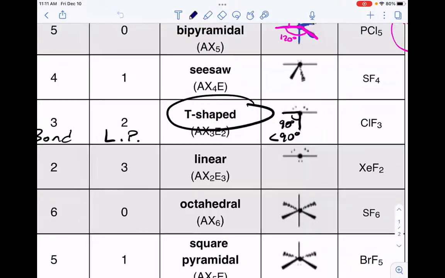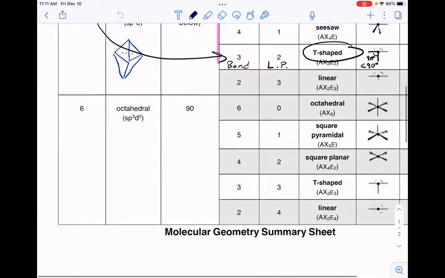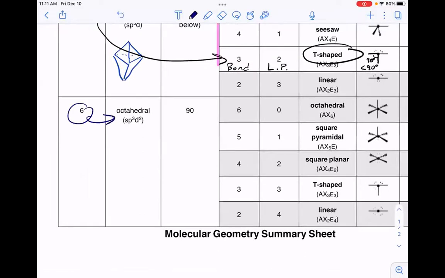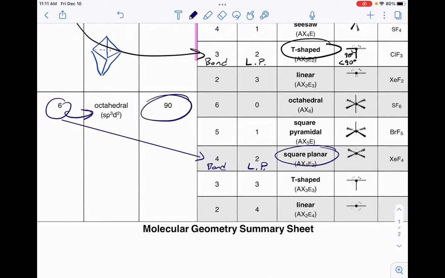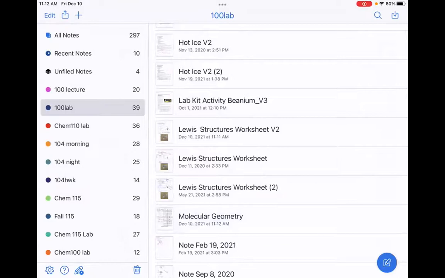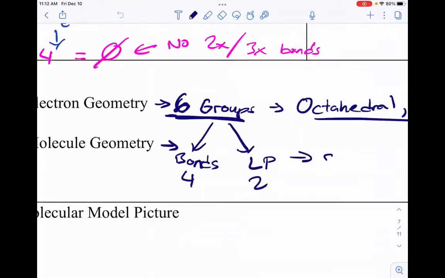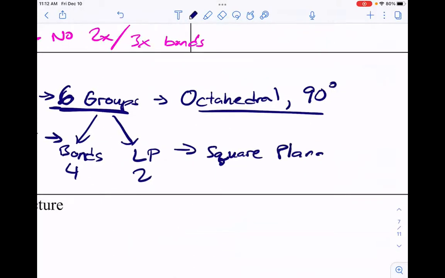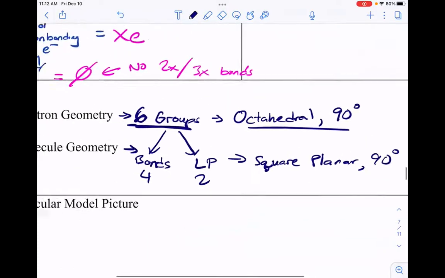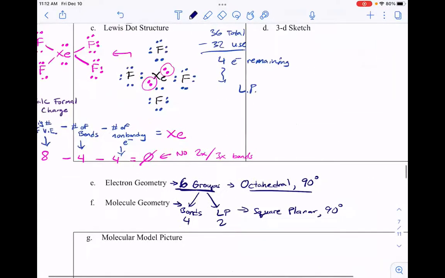A square planar. Exactly. So of the 6 groups, we have 4 bonds and 2 lone pairs. Square planar, bond angle is 90.